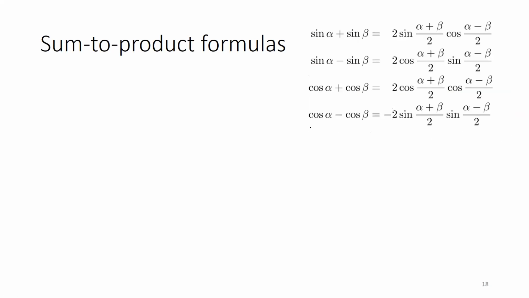And here what I have is a sum or a difference, and I turn that into a product. These formulas follow from the product to sum formulas, but I will not go into details.